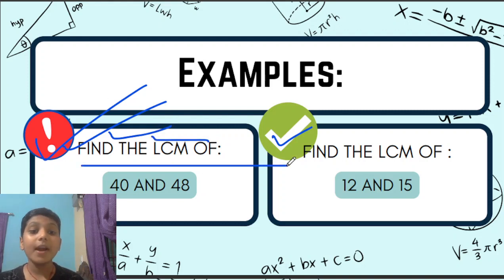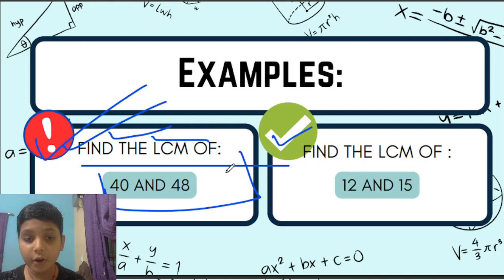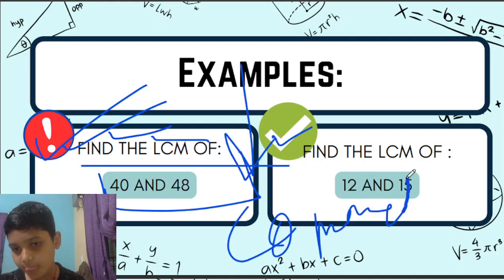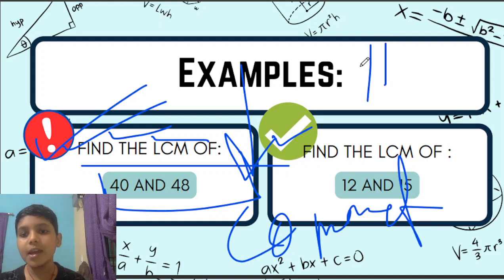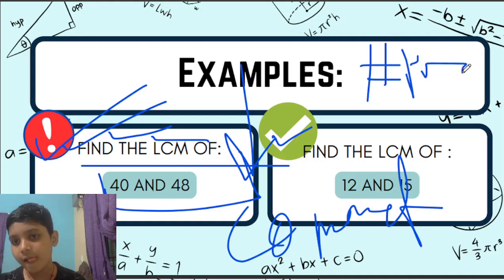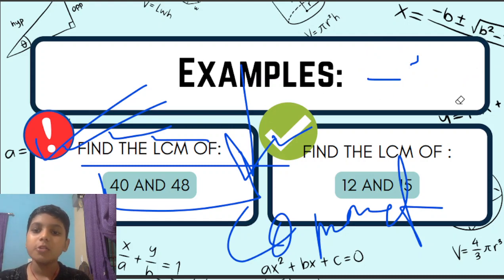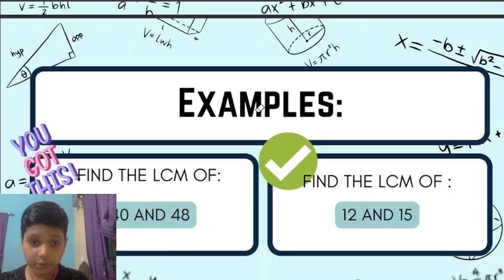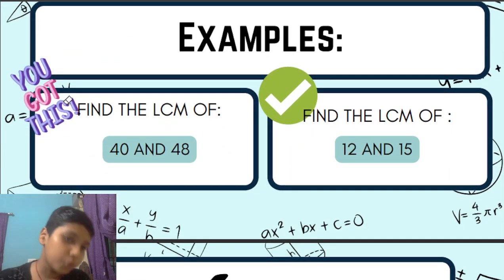Find the LCM of 40 and 48 and write it down in the comment box below. Also be sure to write #prince along with your answer. Done. So this much we are going to do in today's video, and you have to do this.